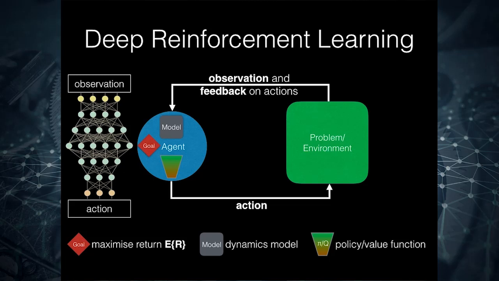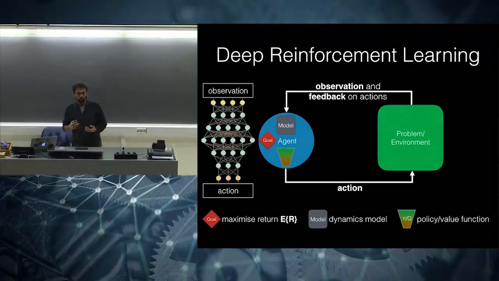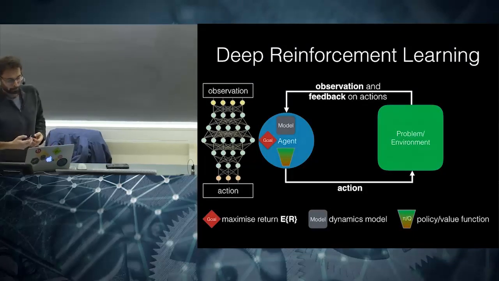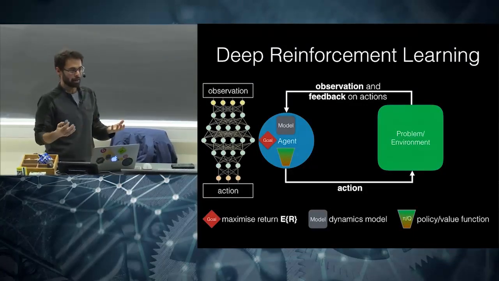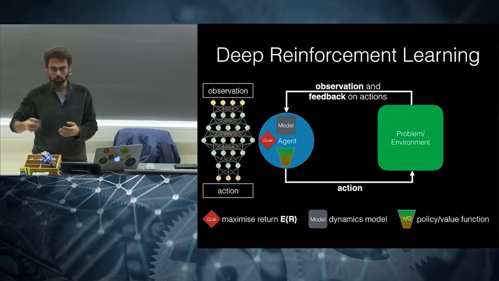But there's a deep neural network in the picture now, and so we have to take care of how we use the experience that the agent gets from exploration to train the neural network. How we manage the shift in the distribution as the agent interacts with the environment.